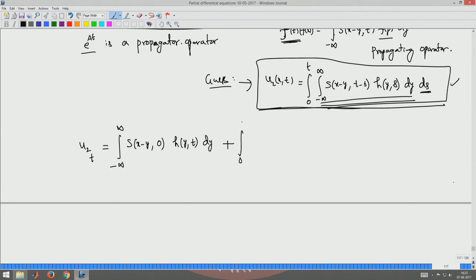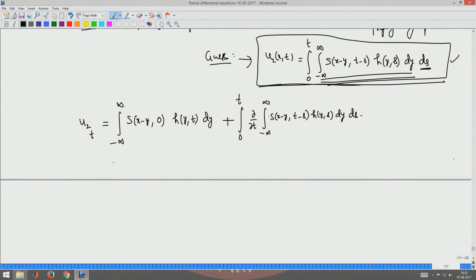So, now you can write the integral from 0 to t of dou t of this integrand, where you are just integrating with respect to s, h of y, s, dy ds, a simple integration. You just took this t derivative inside, that is what you have.